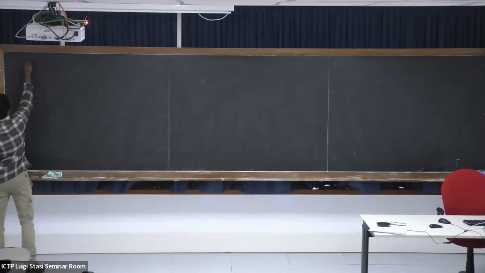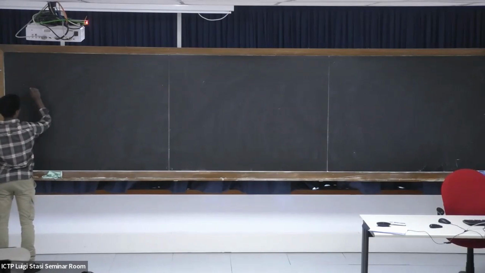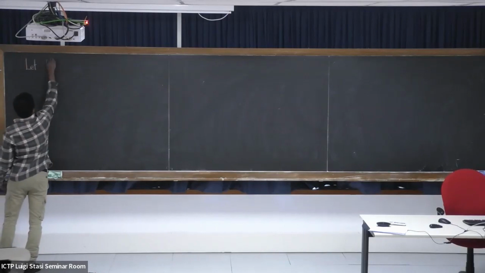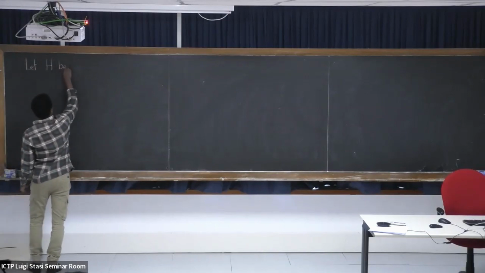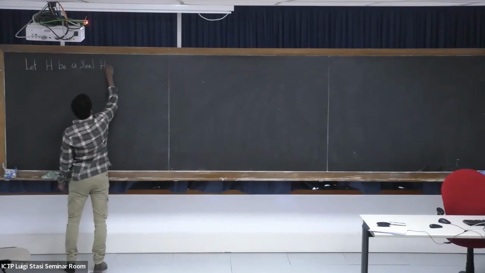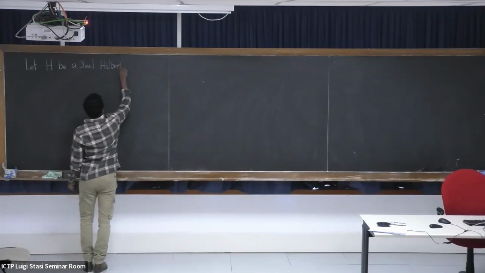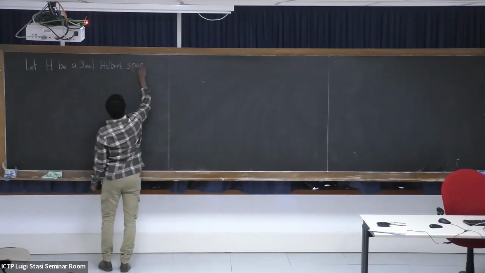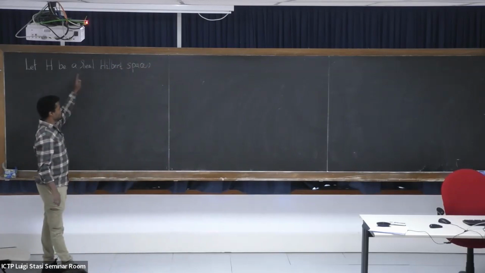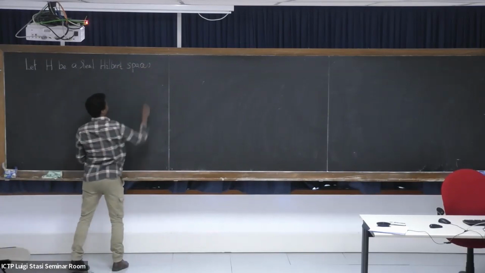very important result, that's thanks to the Riesz representation. Let H be a real Hilbert space, a complete inner product space, a complete normed space where the norm is induced by the inner product.